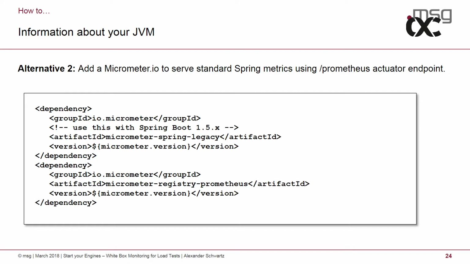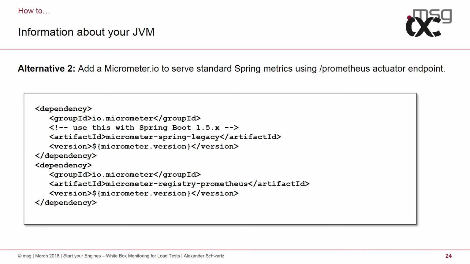So you can add these two libraries to your either Maven or Gradle configuration, and then you export them using micrometer.io. But you have a choice to make. Micrometer.io is very well integrated into Spring Boot, and on the other hand, it's quite new.